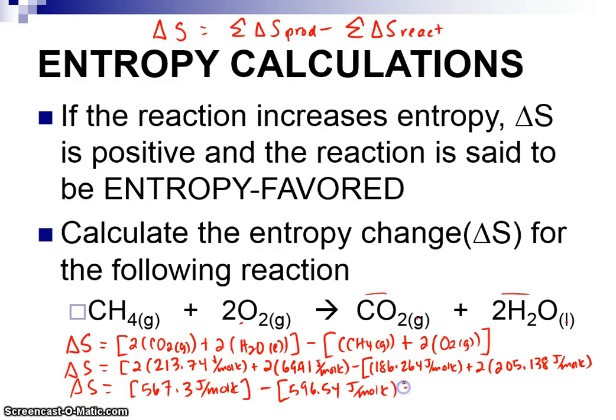And I end up, I wish I'd put that in square brackets, with a final answer of negative 29.24 joules per mole Kelvin. And so this entropy is negative, and therefore this is not entropy favored. This reaction still does occur, but it's not entropy favored. Think about it, we're going from 3 moles of gas to 1 mole of gas and 2 moles of liquid. So that's not going to be favored in terms of increasing entropy. It's actually decreasing in this case.